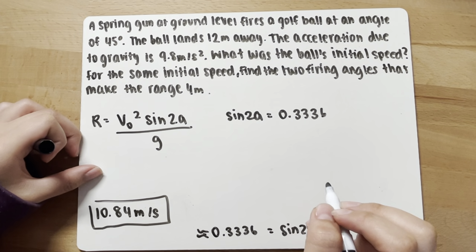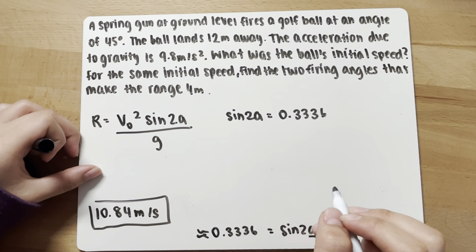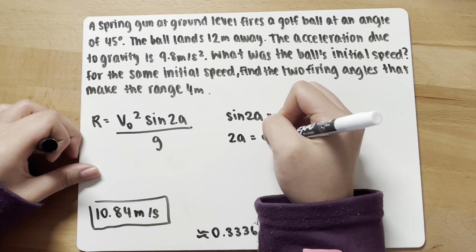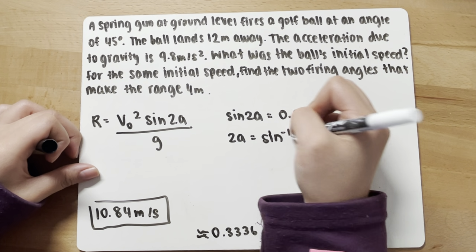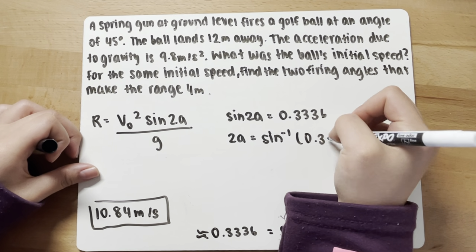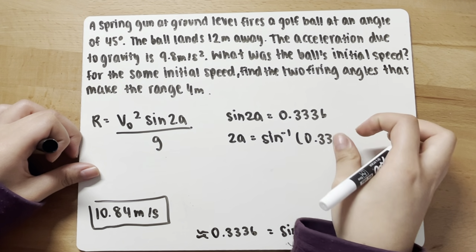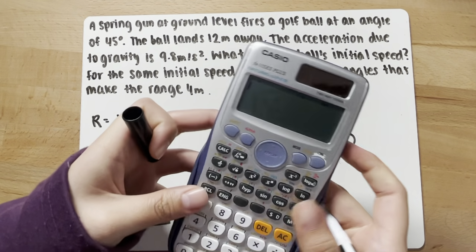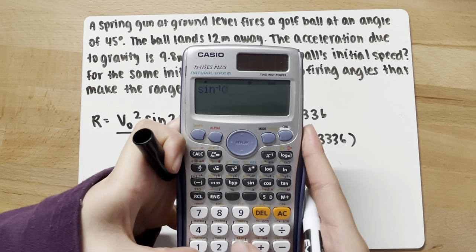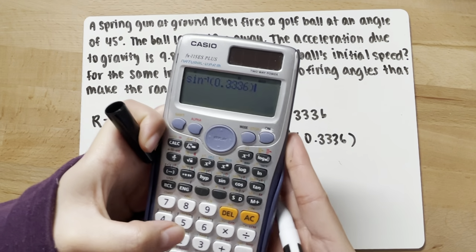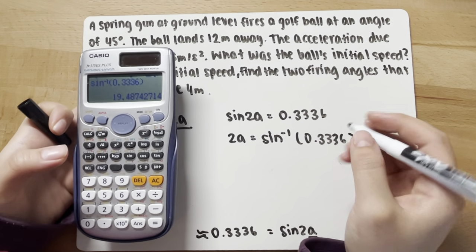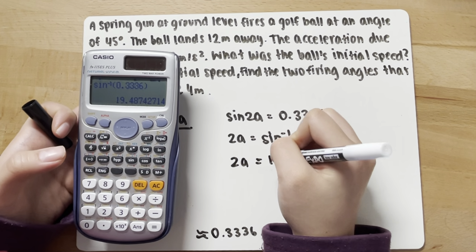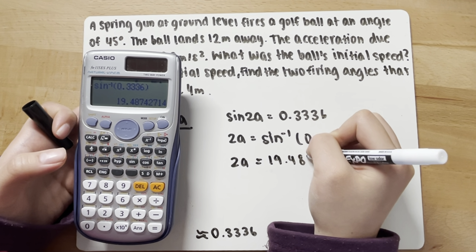So find the arc sine. 2a equals arc sine of 0.3336. Plug that into a calculator. Arc sine of 0.3336, you get 19.487. So 2a equals 19.487.